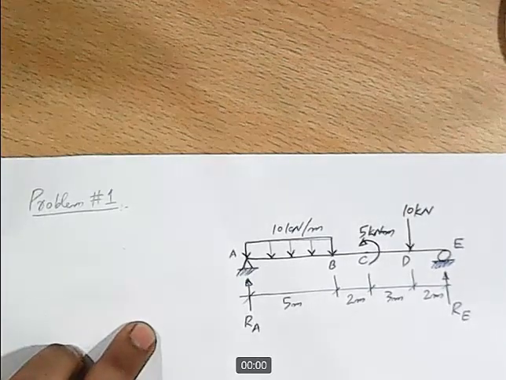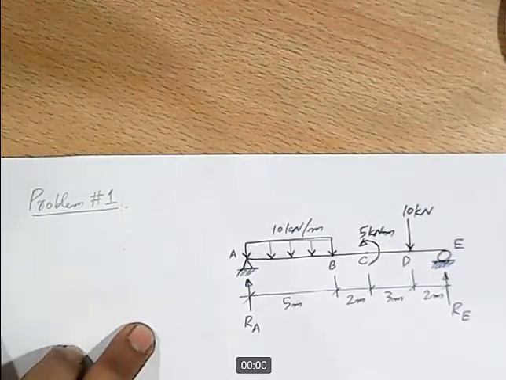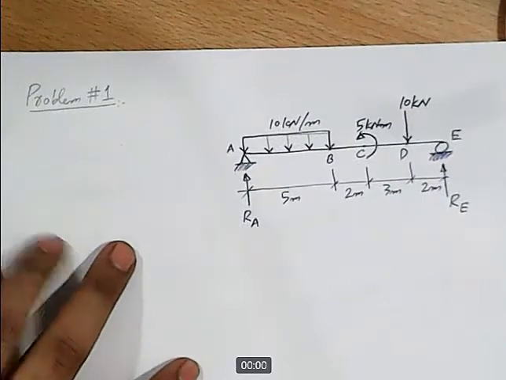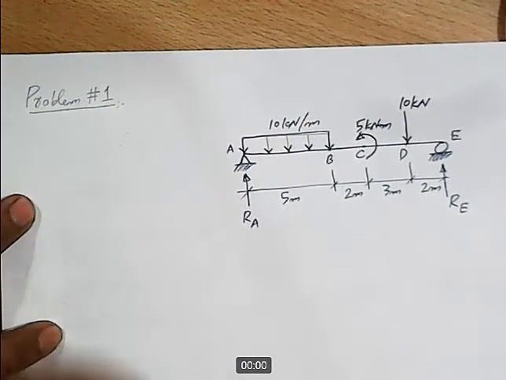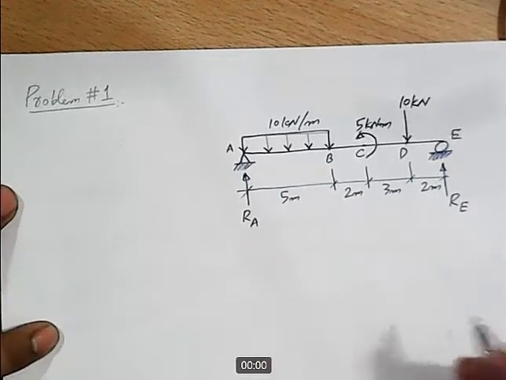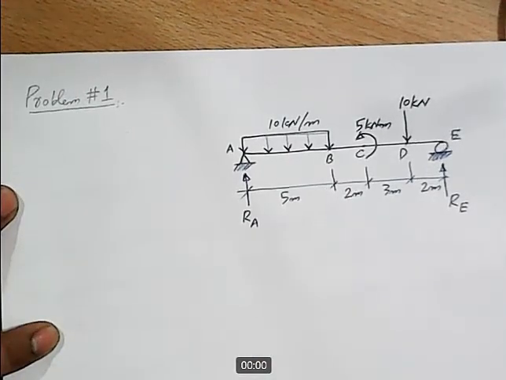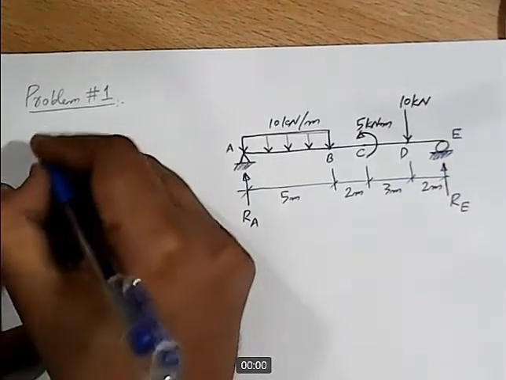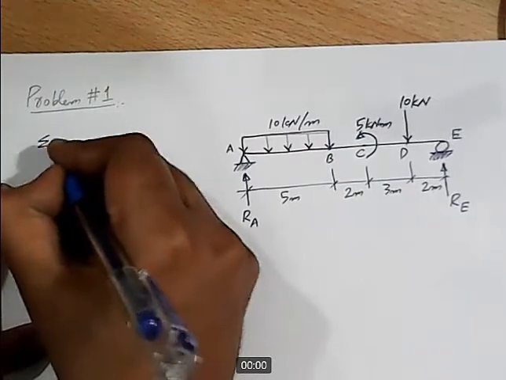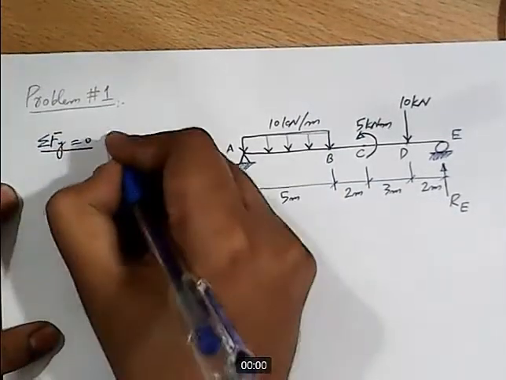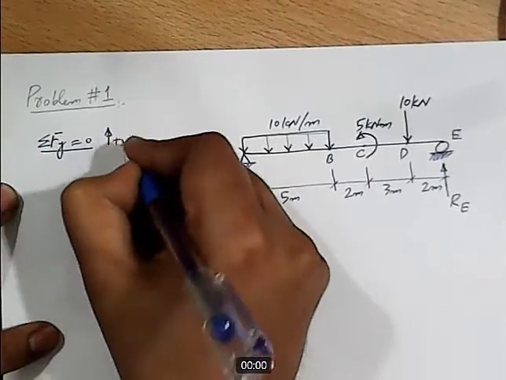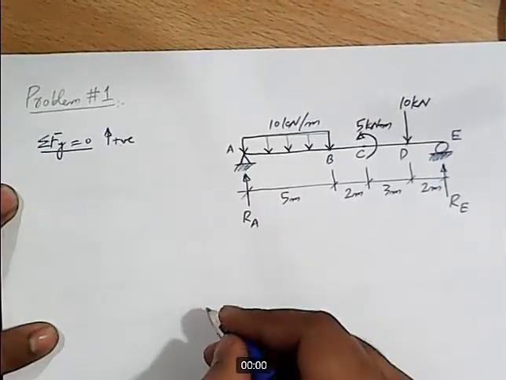So this is the given situation, and our objective is to plot shear force and bending moment diagram using the direct method. For that, the first step is to calculate the reactions, and the reaction calculation is the same as in the method of equations. So let's apply the conditions of equilibrium. Sigma Fy equal to 0, and our convention will be to take upward forces as positive.